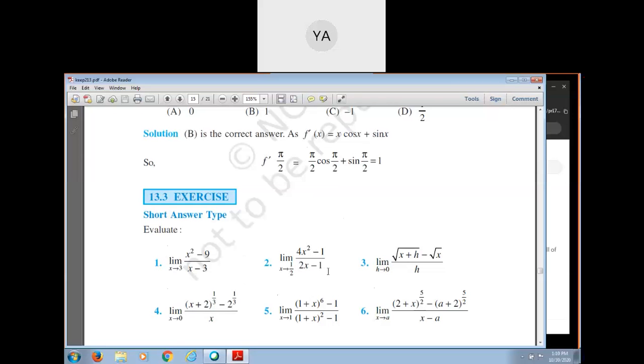First one is limit x tends to 3, x squared minus 9 divided by x minus 3.